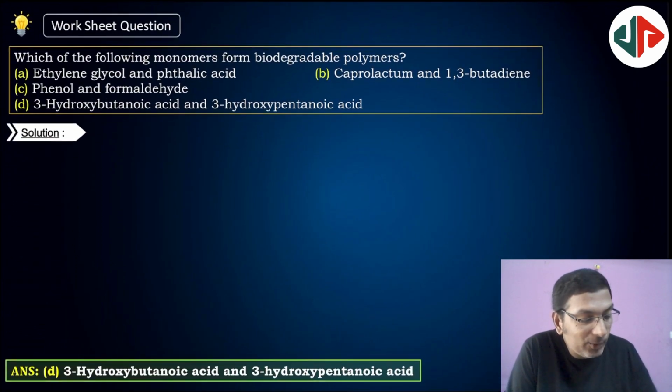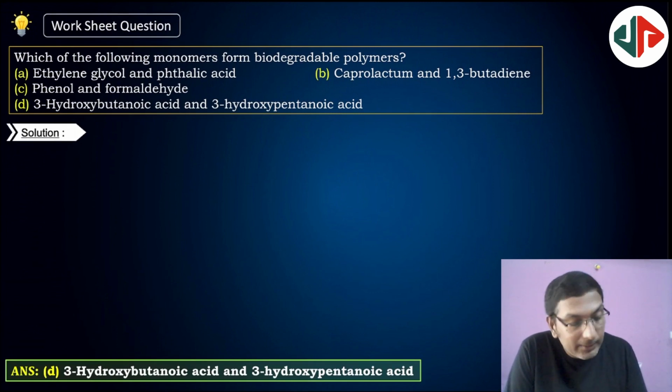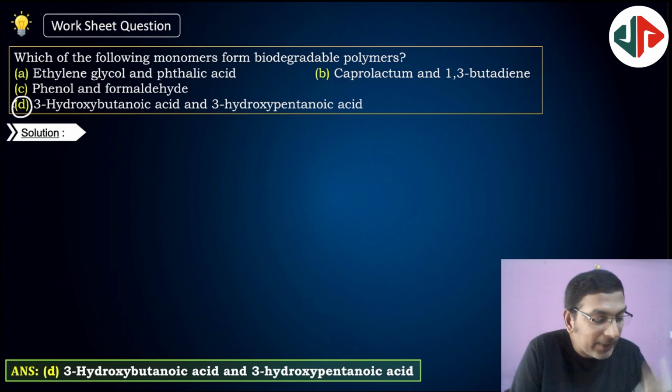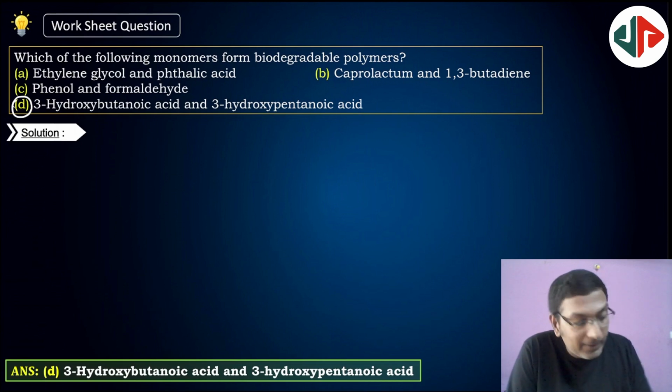Which of the following monomers form biodegradable polymers? Biodegradable. See a simple one. 3-hydroxybutanoic acid and 3-hydroxypentanoic acid. So these can form PHBV.